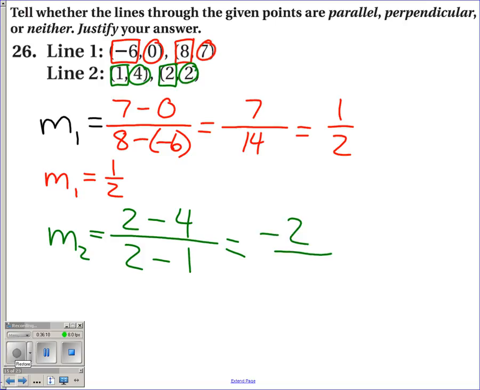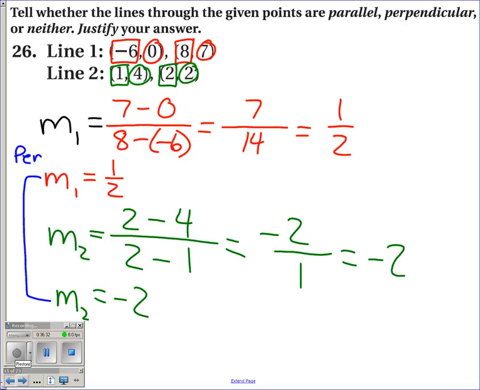And 2 minus 1 in the denominator, that's a 1. This is negative 2. And so look what we have. The slope of the second line is negative 2, or 2 over 1, which means these two are perpendicular. Their slopes are negative reciprocals of each other, so they have to be perpendicular.